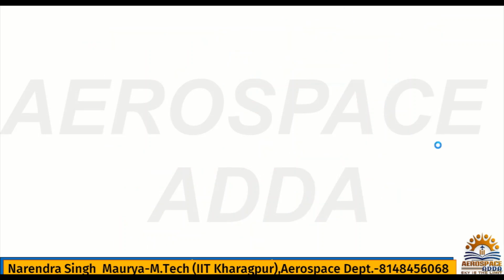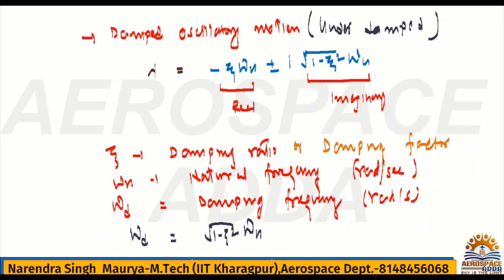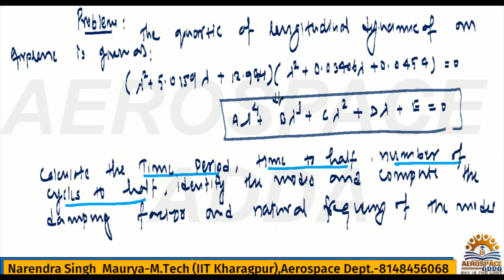All right. This is the first one you have done, for the short period oscillation. The same thing you can do for the long period oscillation, but before that, as I told you, we have to calculate the data for the short period oscillation. They are asking the time period, time to half, number of cycles.